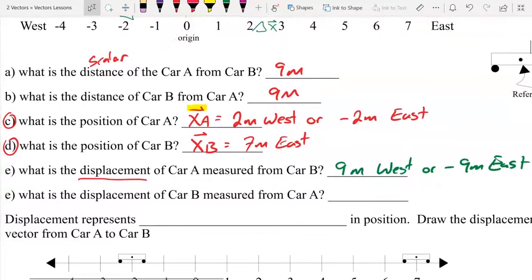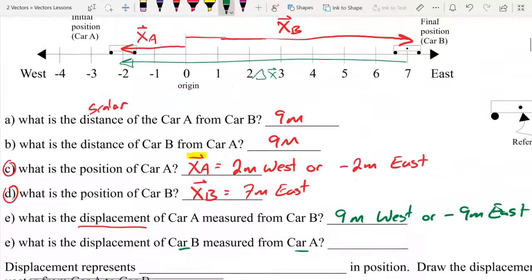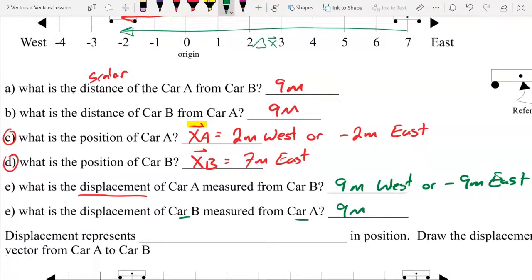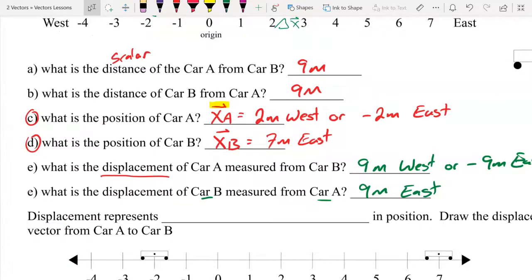And similarly, what is the displacement of car B measured from car A? It's the opposite. It's 9 meters east. If we were to travel from B to A, we must travel 9 meters east. Displacement represents change in position.